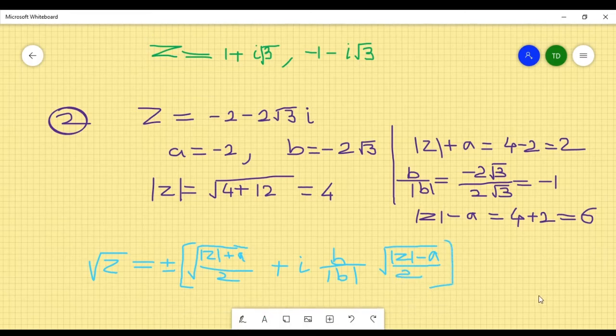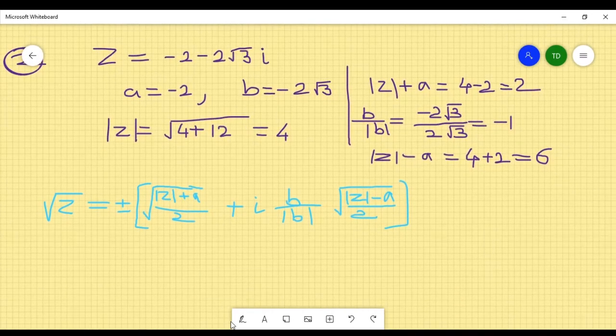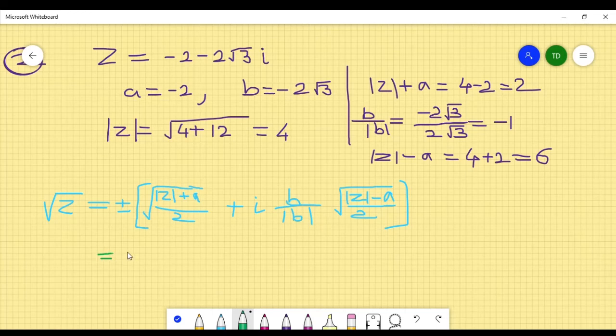So let us calculate the value in the present case. This is equal to plus minus, mod z plus a, which we have already calculated, is 2. So under the root sign I have 2 by 2. Then plus I times this value, which we have already calculated as minus 1, which simply indicates the sign, and under the root we have 6 by 2.